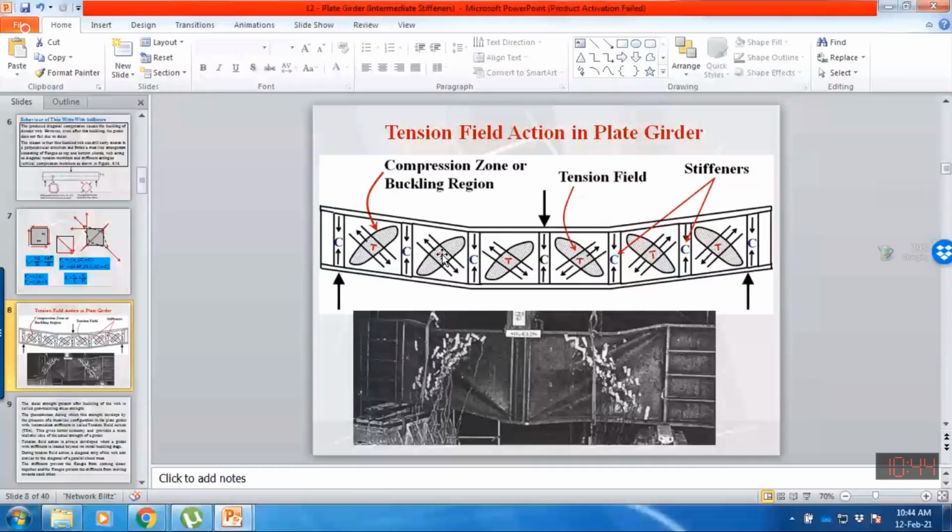When the web is not approaching its buckling strength, then this tensile force will not develop in the web. So this is also referred to as post-buckling strength. Post-buckling strength or tension field action is only available when the web approaches its buckling strength and we are providing intermediate stiffeners.